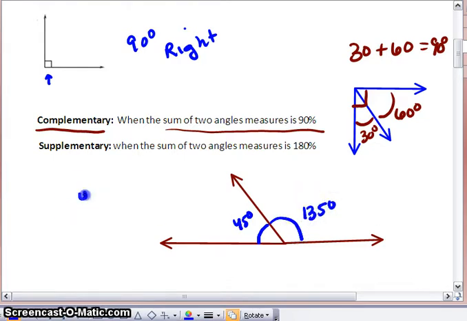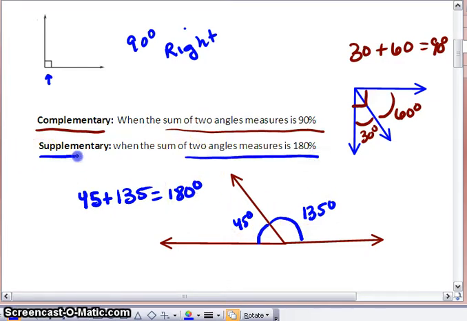If I add these two angles together, 45 plus 135, I get 180 degrees. When two angles add up to 180 degrees, they're called supplementary. So these two angles are called supplementary, and these two angles are called complementary. 90, 180.